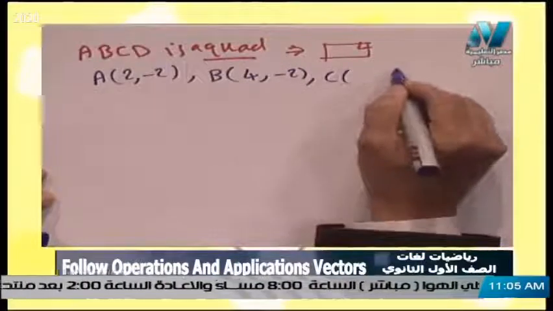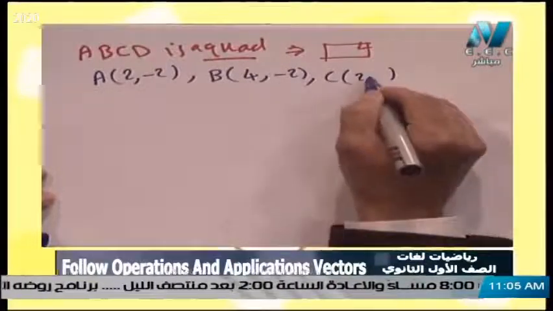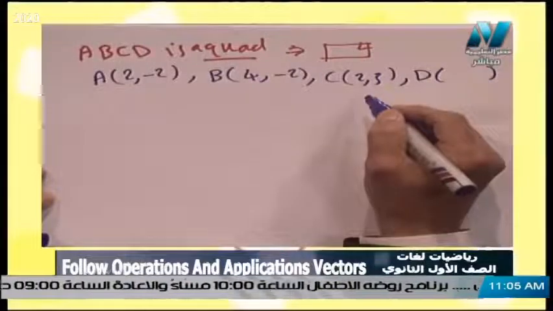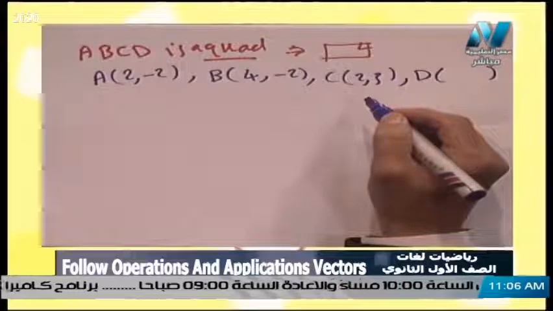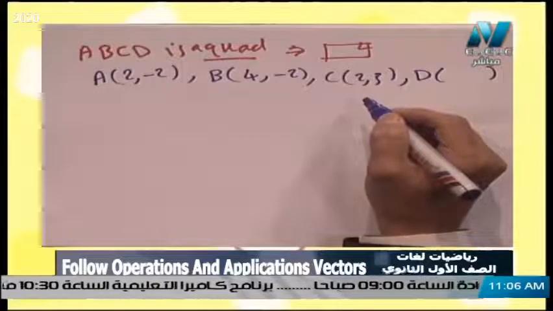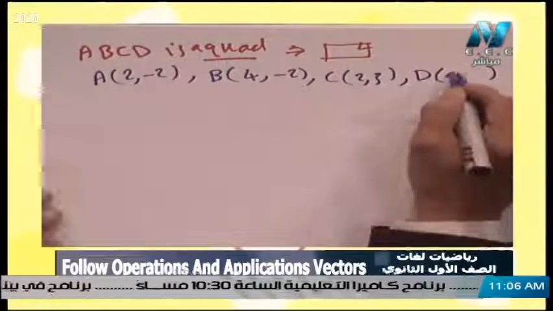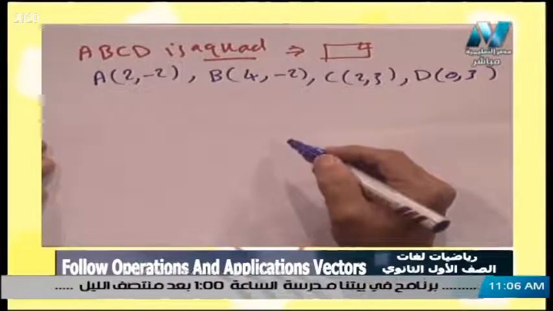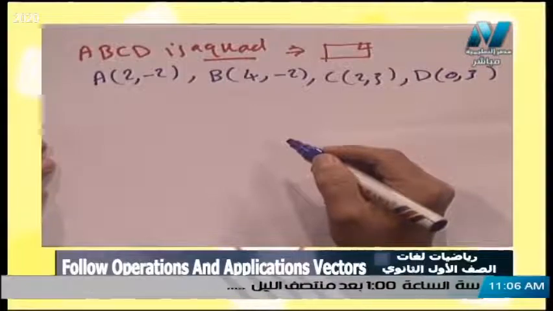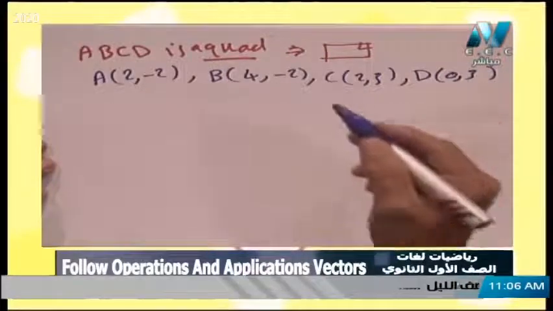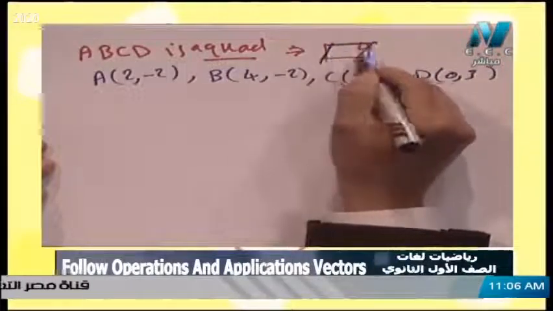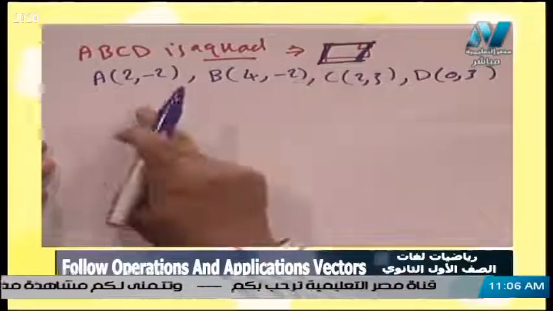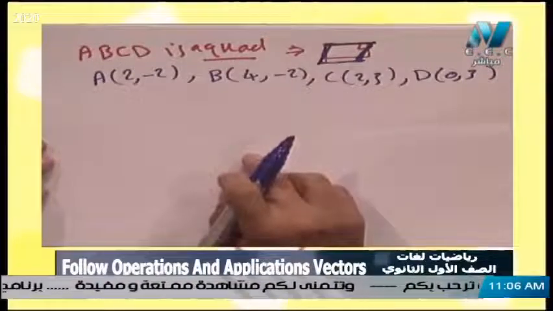The point C will be 2 and 3. And finally, the point D is what? Okay, 0 and 3. Sorry, this example is just to prove that this quad is a parallelogram. So it's enough for this question to prove that ABCD is a parallelogram.